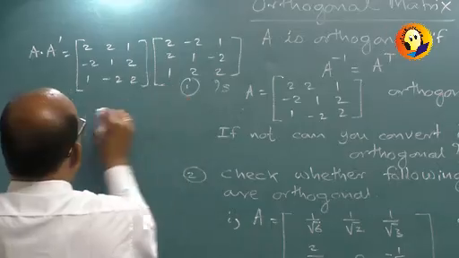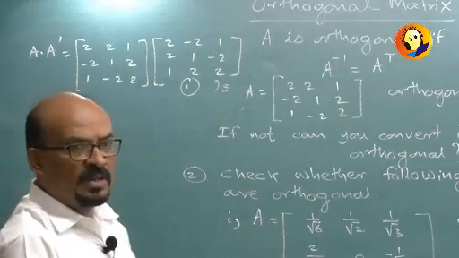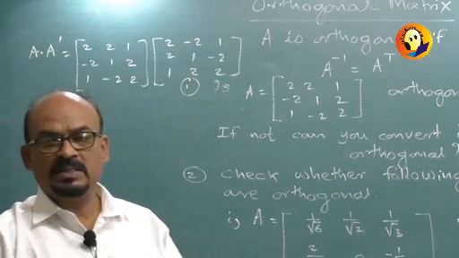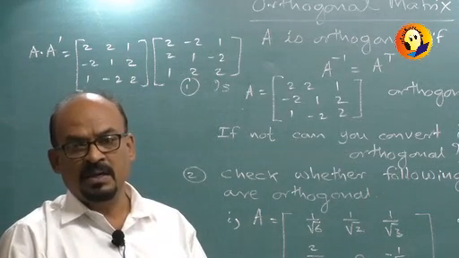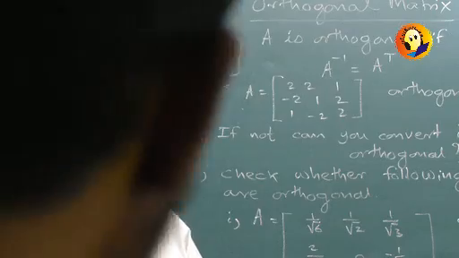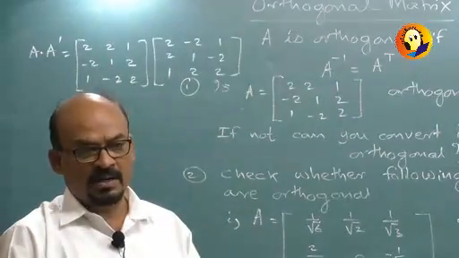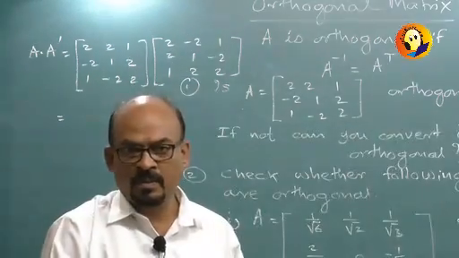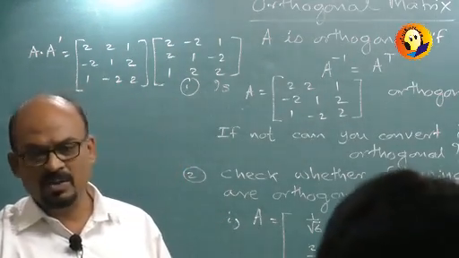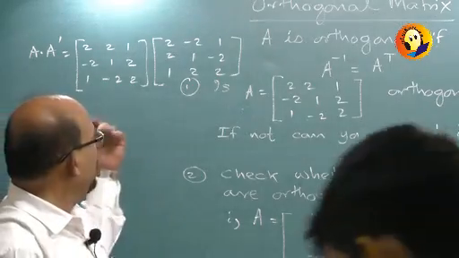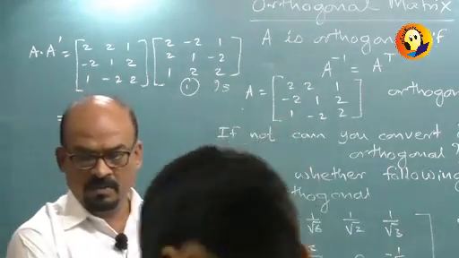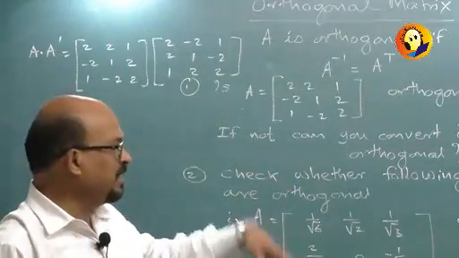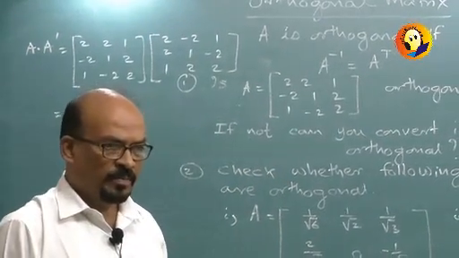Multiply and check whether you get identity. If you don't get identity but you get a scalar matrix, what is a scalar matrix? It is a diagonal one having all the elements identical. So if it is a scalar, then you can convert it to orthogonal, right? Otherwise, if it is only diagonal, we can't help. And if the product is something else, there is no option. And here you will have to simply take the transpose, multiply and check whether they are orthogonal or not, right?